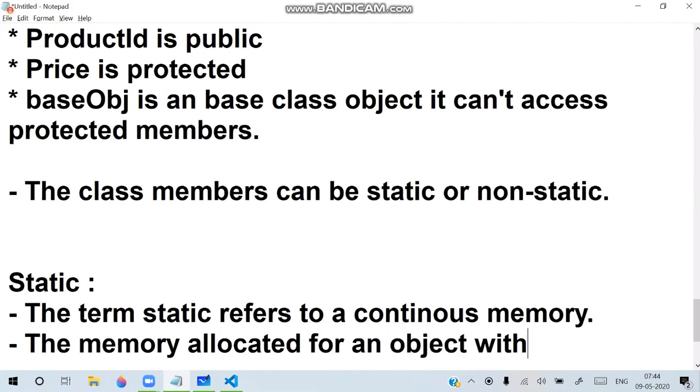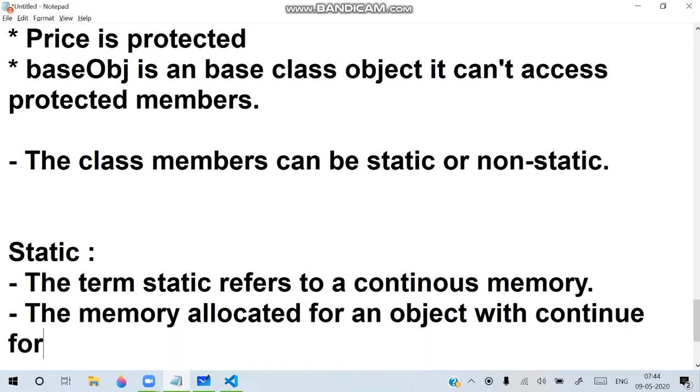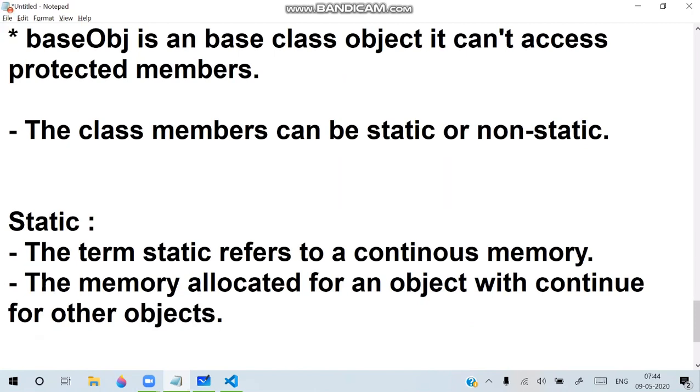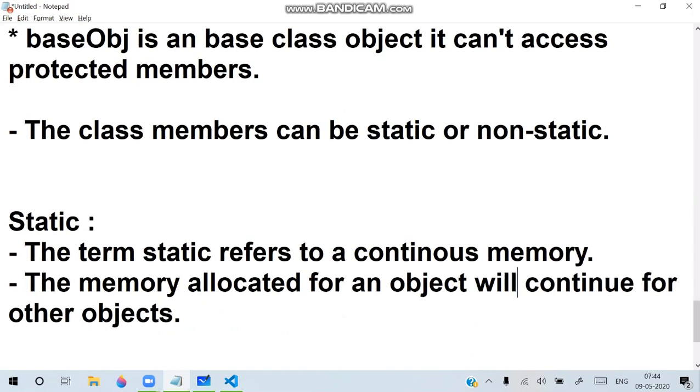The memory allocated for an object will continue for other objects. I will show you practically.